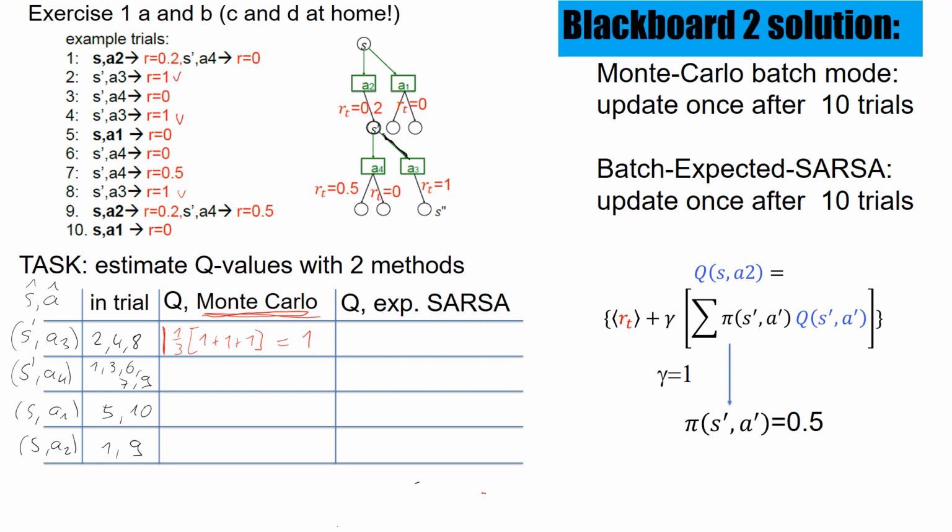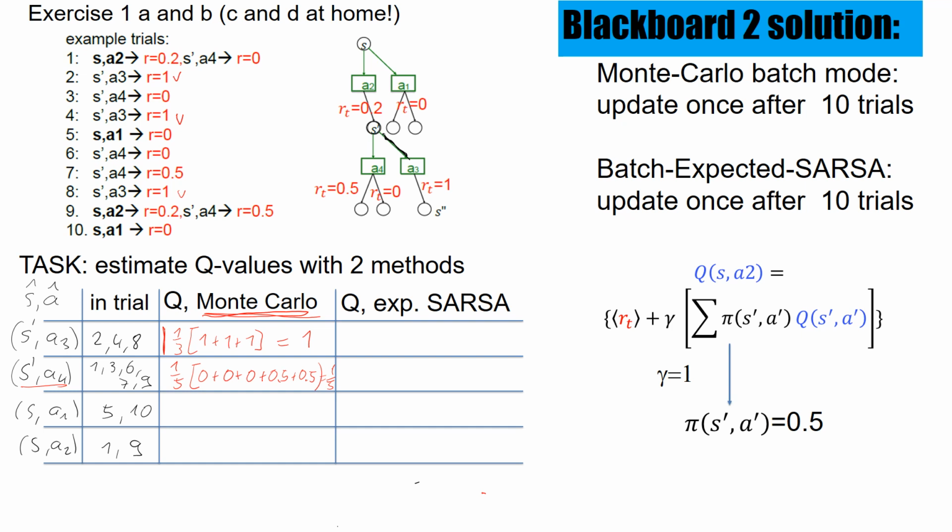So let's do the same for the next one, S prime and A4. We have a total of 5 trials, so it's 1/5, and then we have several times we found 0, and twice we found 0.5, and that gives, in fact, just 1/5.